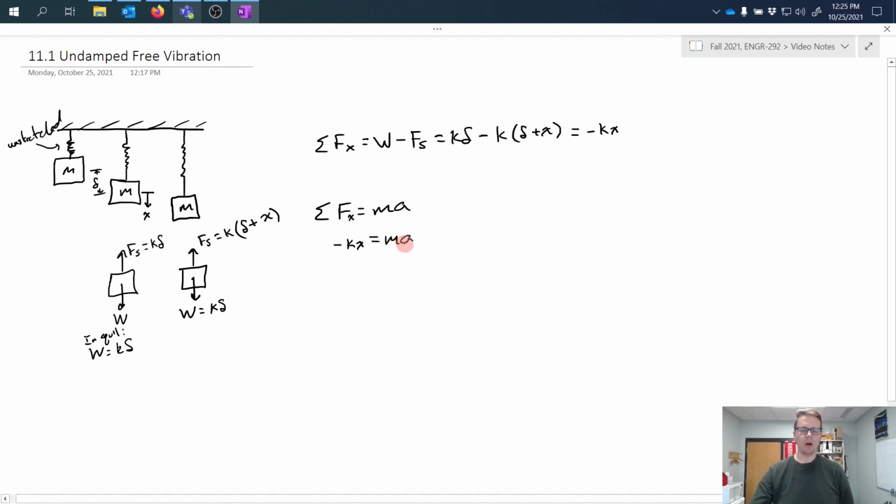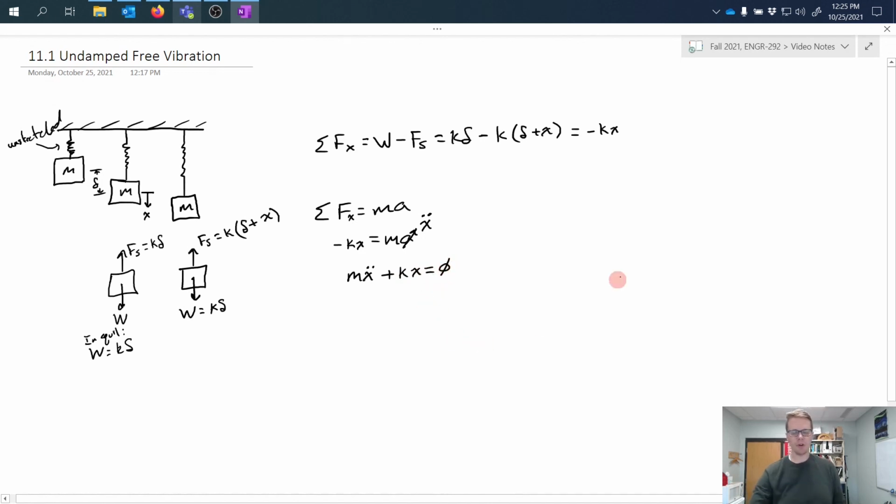Now, recall, for our notation purposes, we can rewrite this acceleration as x double dot, so double dot indicating it's the second time derivative of the position x. So this gives us a form of the equation that looks like this: m x double dot plus kx equals 0.